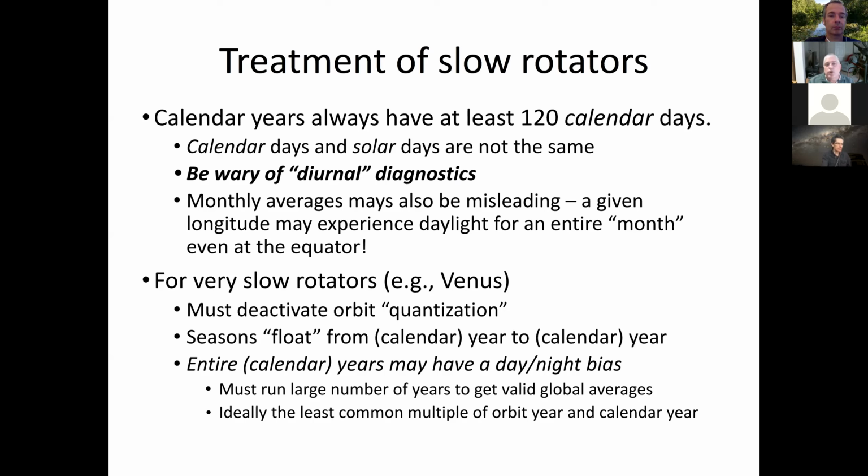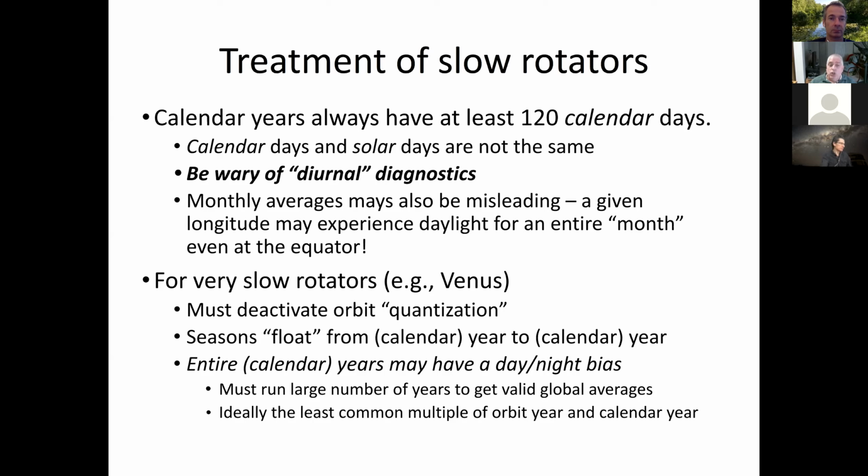When you get to extremely slow rotators like Venus, we also have to break this assumption that I mentioned on the earlier slide that the number of days per year is quantized. Venus has a day that's about 1.5 years, if I remember correctly. You might correct me on the details. But when you get down there, if you don't include that effect, then you don't get the right dynamics.